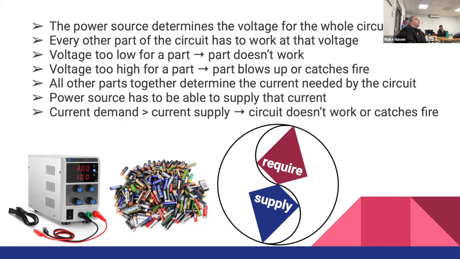So the way to think about it generally is that the power supply is really supplying all of the energy needed for the circuit to operate. And the circuit can modify that supply as needed. So for example, in the Arduino infrastructure, the components generally use 5 volts or 3.3 volts.